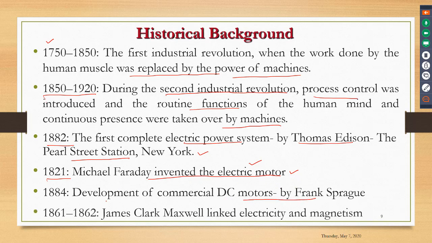And in 1861 to 1862, James Clerk Maxwell linked electricity and magnetism, and it also played a very important role. By this phenomenon we have achieved many things. Because of this, the communication system evolved, various machinery evolved, electrical machines evolved, right?